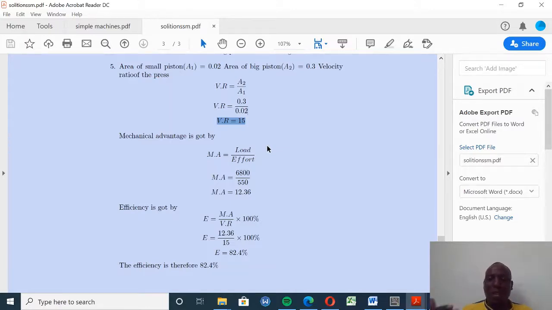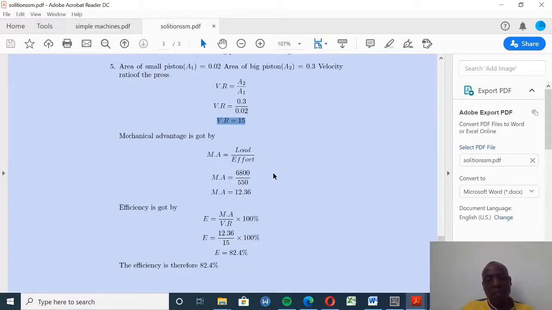They told me that the mass of the car is 680 kilograms. That means the weight of the car is 680 multiplied by the acceleration due to gravity, which is 10, from which we get 6,800 newtons.